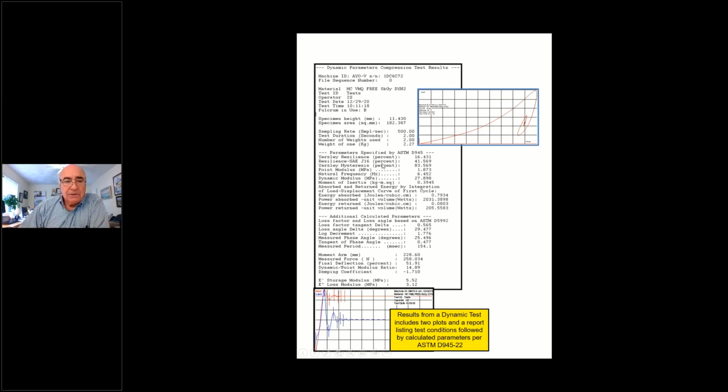As we go down to Jersey resilience, in this case, 16% definitely shows that it is not an elastic product, but more of a damping characteristic. The Jersey hysteresis is 83%. That is quite high, so loss energy is very high.